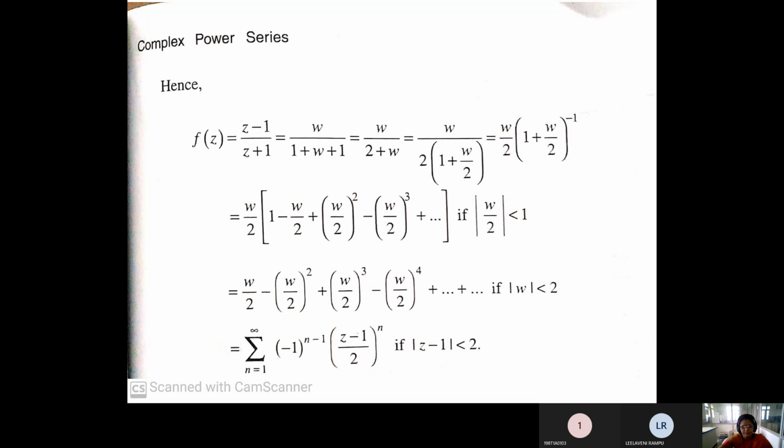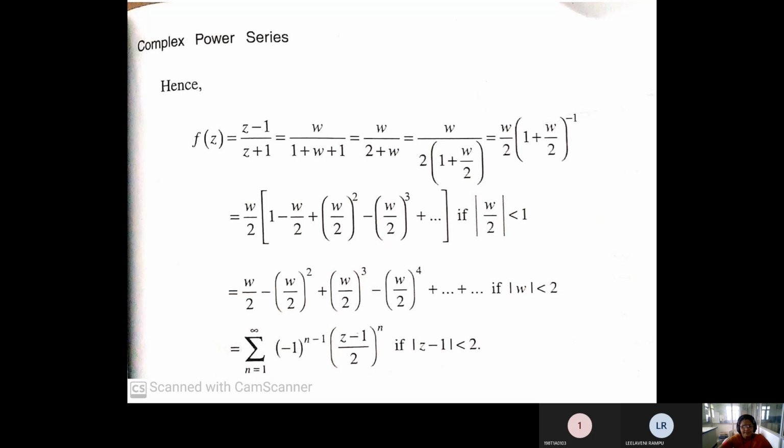In sigma notation, it can be written as sigma n equal to 1 to infinity, z minus 1 whole power n by 2 minus 1 whole power n minus 1. The negative sign changes alternately, so you have to take minus 1 whole power n minus 1. For w means z minus 1, mod z minus 1 less than 2.